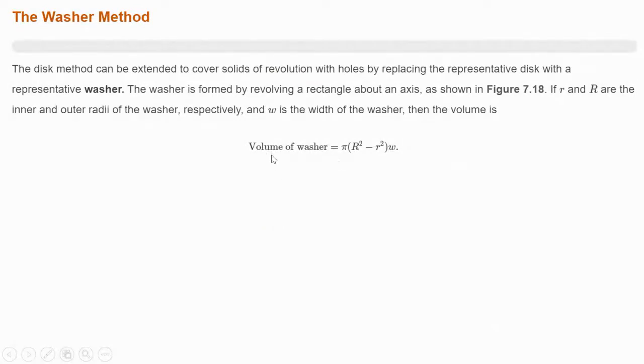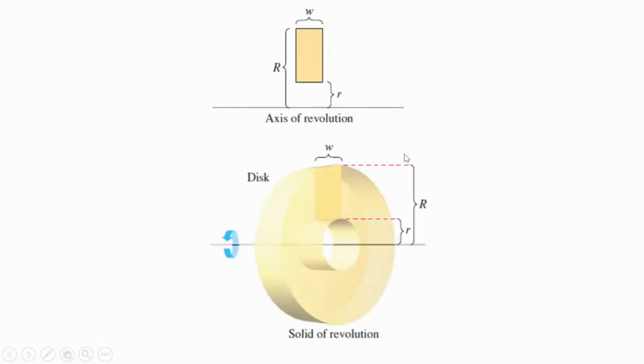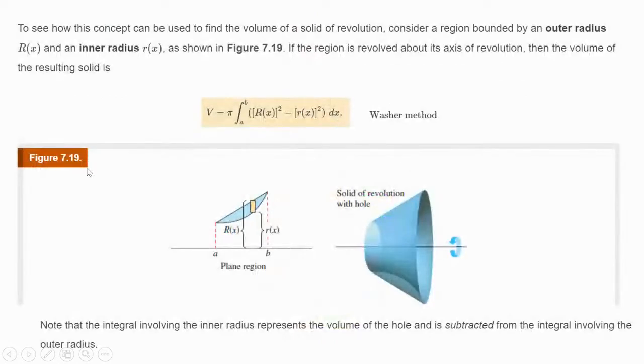So you see the volume of the washer is going to be pi R squared w. That's the volume of the whole solid outer disk. But what you're going to be doing is subtracting pi times little r squared w. So this is the washer formula, and that means this is how it works.